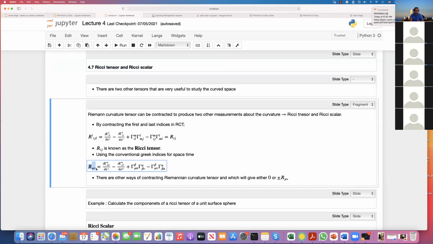So we can see that it makes sense, right? It's a rank 2 tensor. Instead of rank 4, once you contract it, you get a rank 2 tensor.